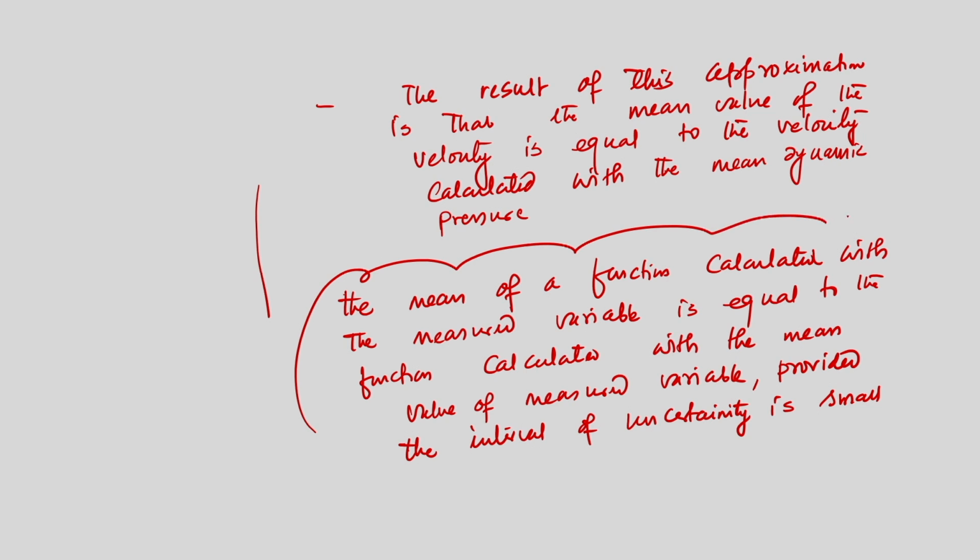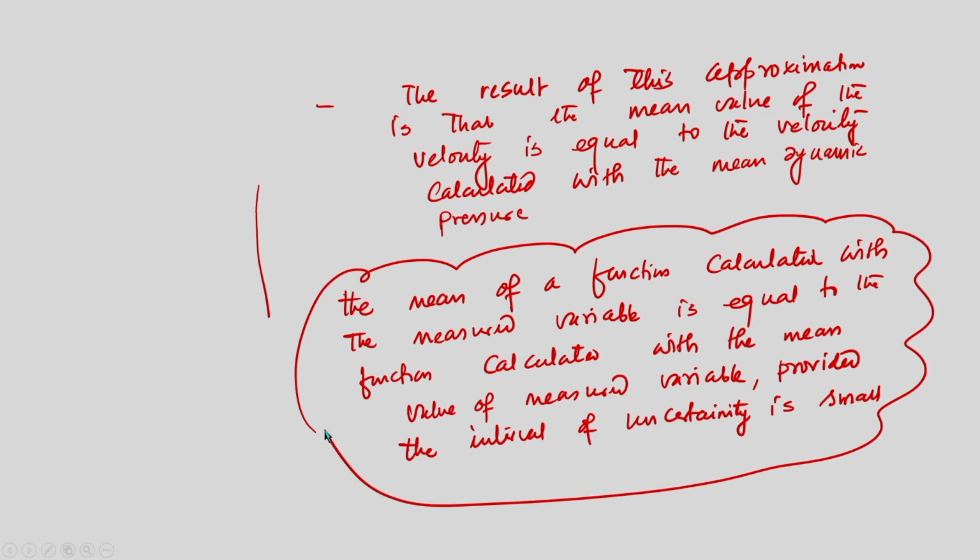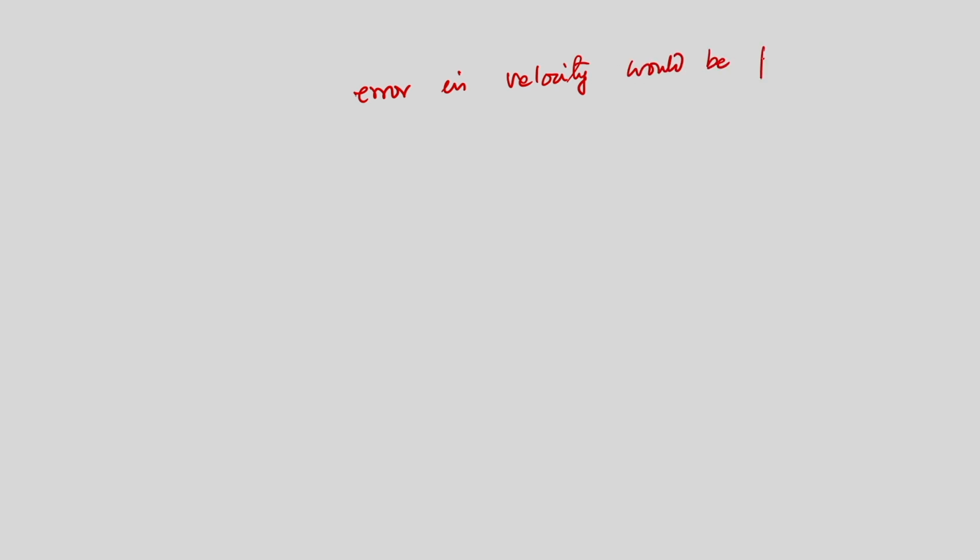So, this is an important conclusion which we should know, at least those who are doing experiments in the area of fluid dynamics. Also, we would like to see that the error in velocity would be proportional to the error in pressure. That is what we can see.